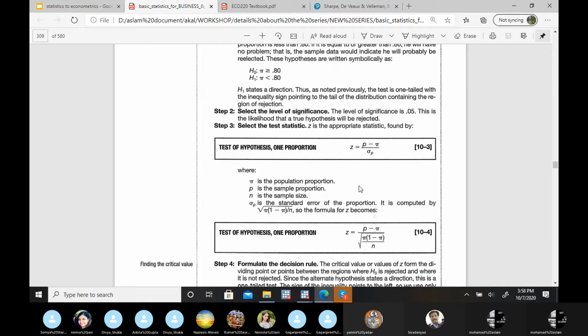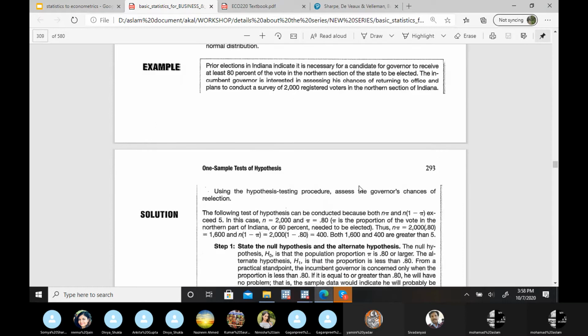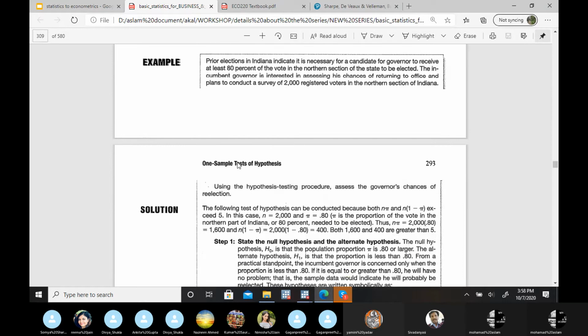So let me do this particular case. Prior elections in Indiana indicate it is necessary for a candidate for governor to receive at least 80% of the vote in the northern section of the state to be elected.